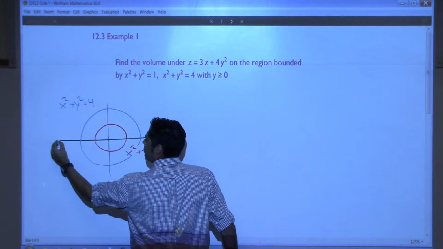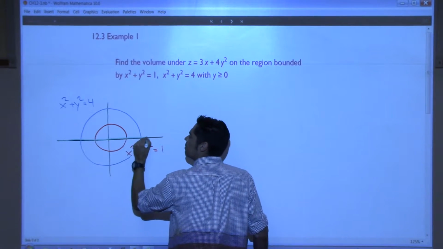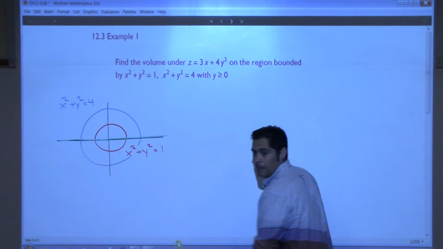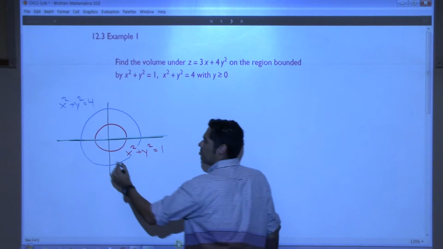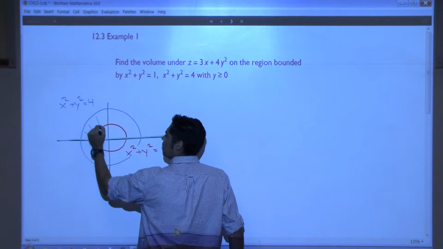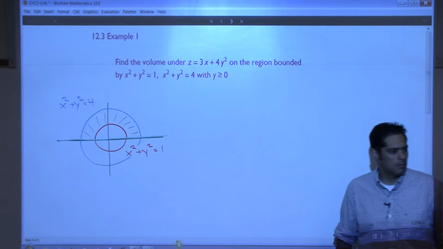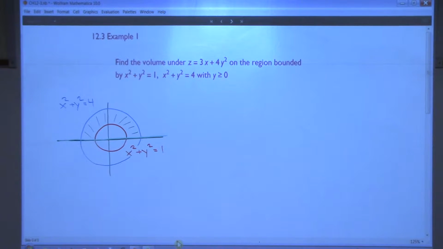So everything above this x-axis. So do y'all see the region we're talking about? Yeah, bounded by all three. That's it right there.